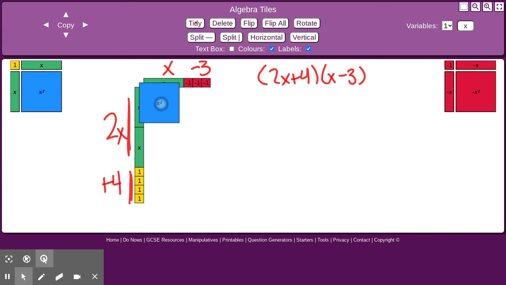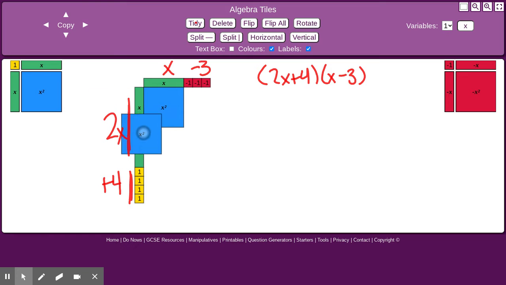x times x is x squared. So x times 2x is 2x squared. We have two of these big blue ones. x times 1 is x. So x times 4 would be 4x. We have 4 of these green ones.